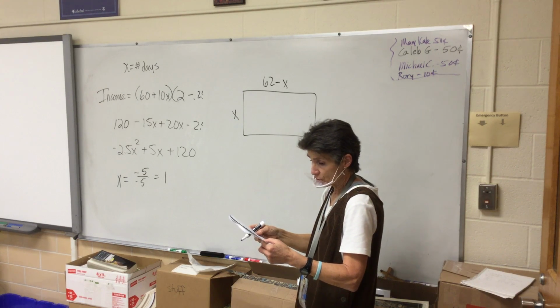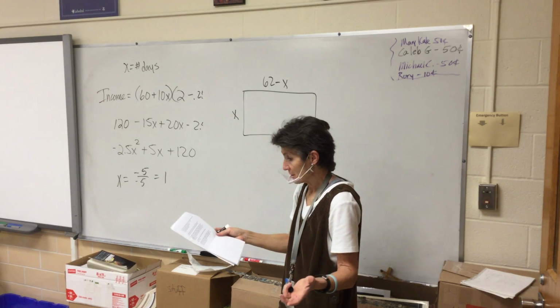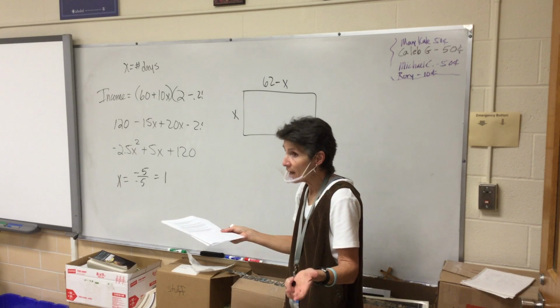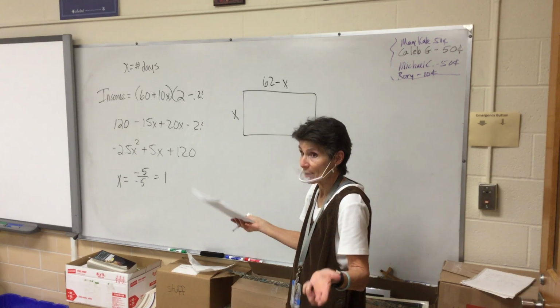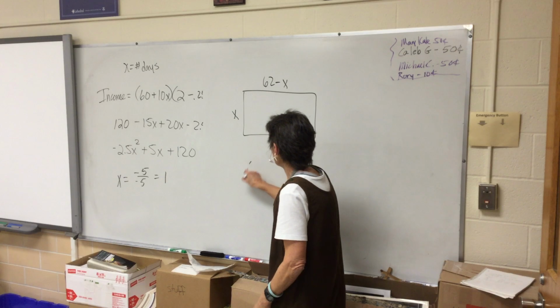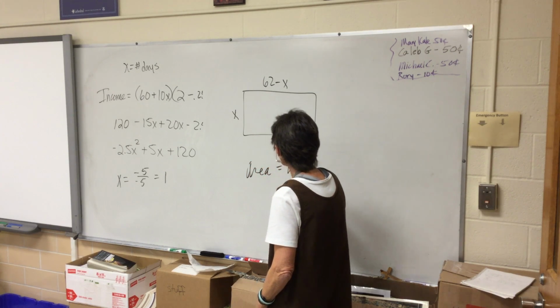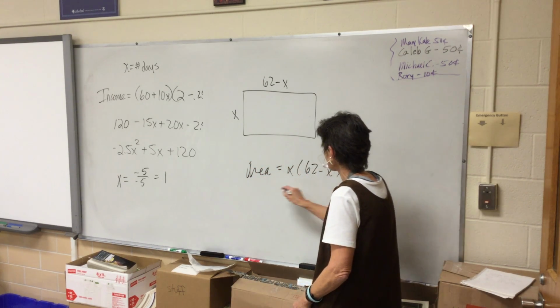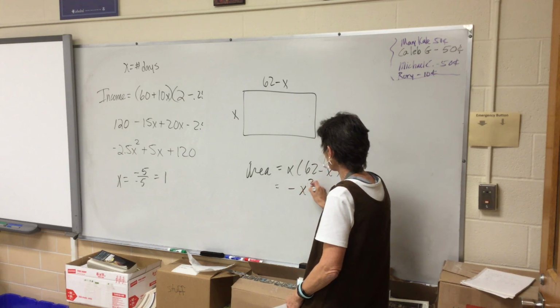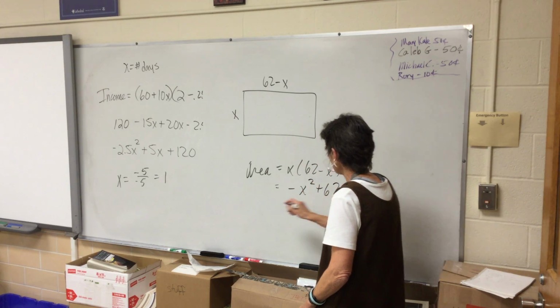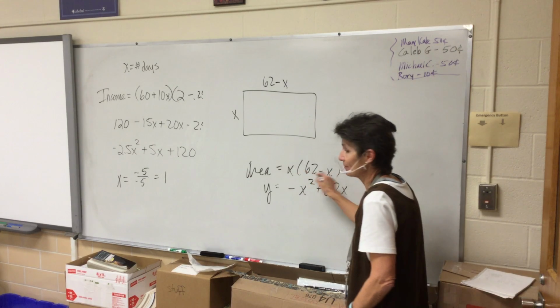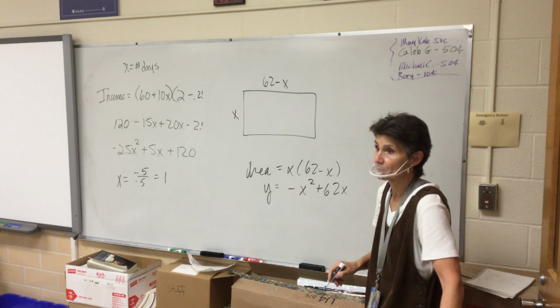And I want to maximize the area, largest picture, that would be area. So the area is going to be X times 62 minus X, or negative X squared plus 62X. That is my equation if I do the distributive property.